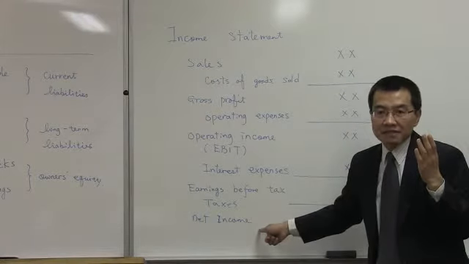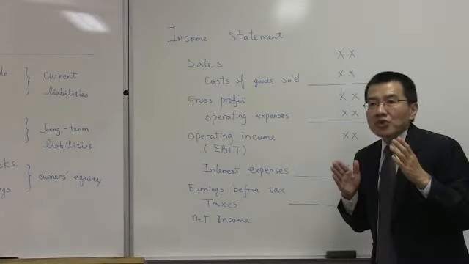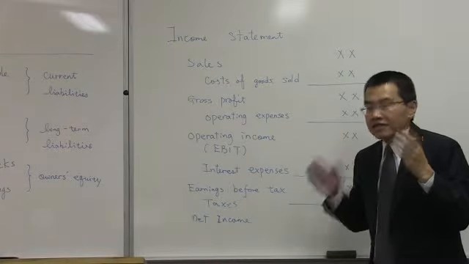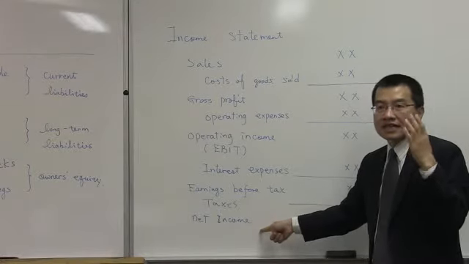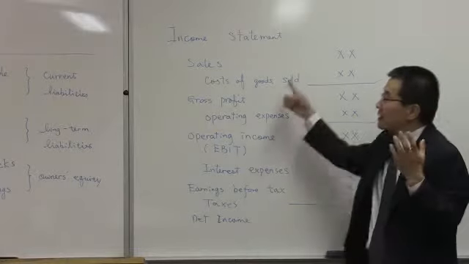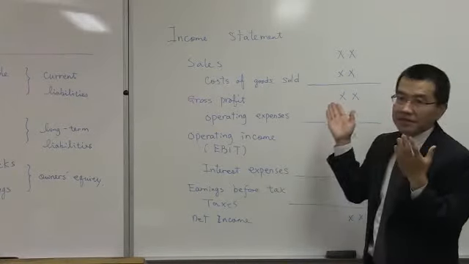That's their profit. So when you set up the company, you want to make money. Then how to measure that? That is net income. So the net income is the amount of the company's profit. So this is how we calculate the net income from the income statement.